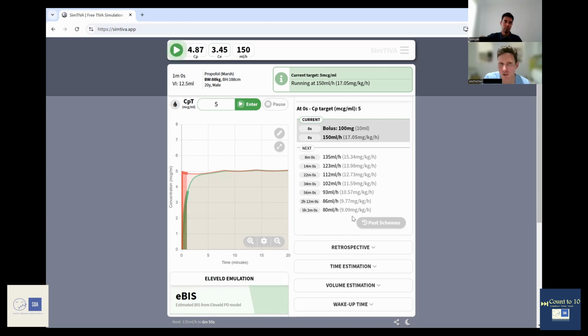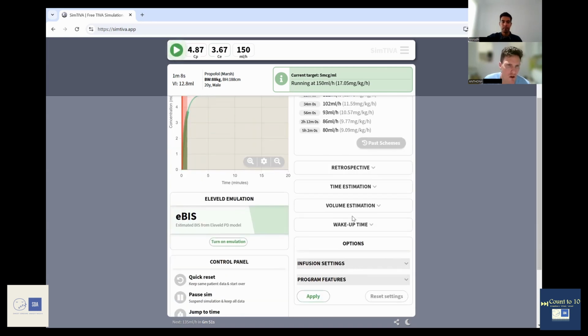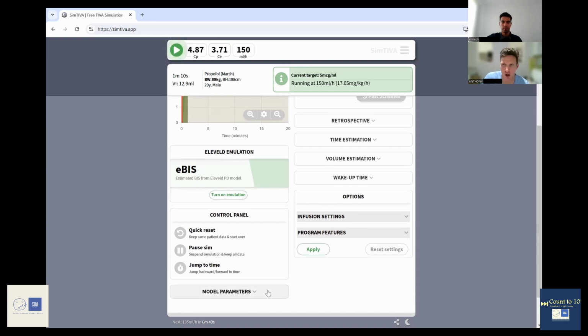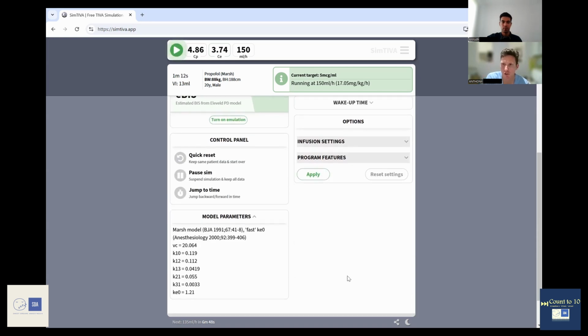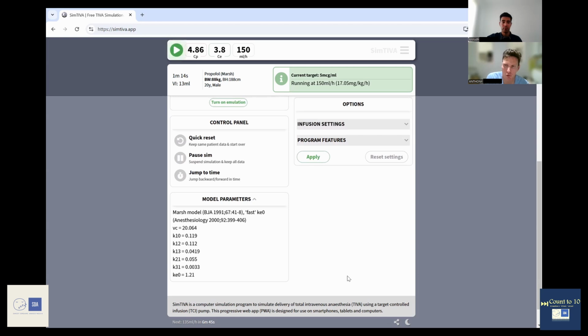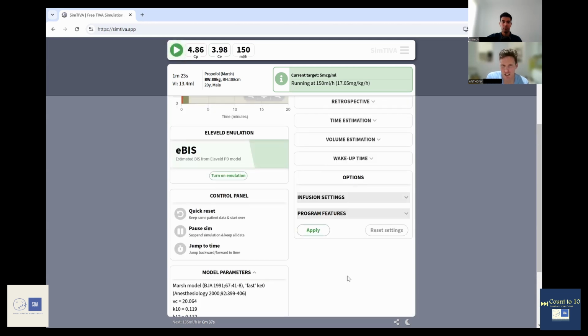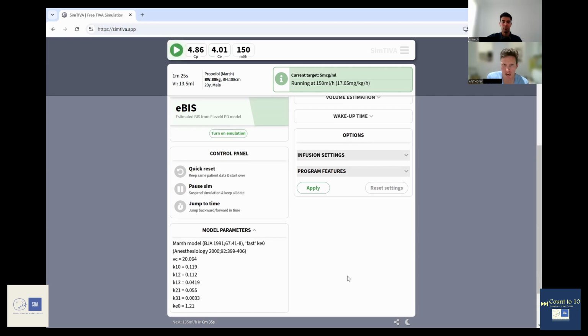You want to target your plasma concentration of 5 marbles per litre. To get a concentration of 5 marbles per litre, you have to put 100 marbles into a 20-litre bucket. That's exactly the same as putting 100 milligrams into a 20-litre V1, and that's exactly what it does. That's why the bolus dose is 100 milligrams.